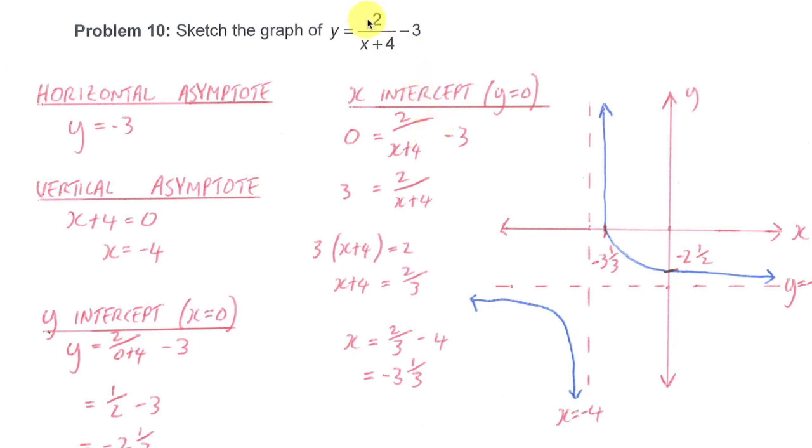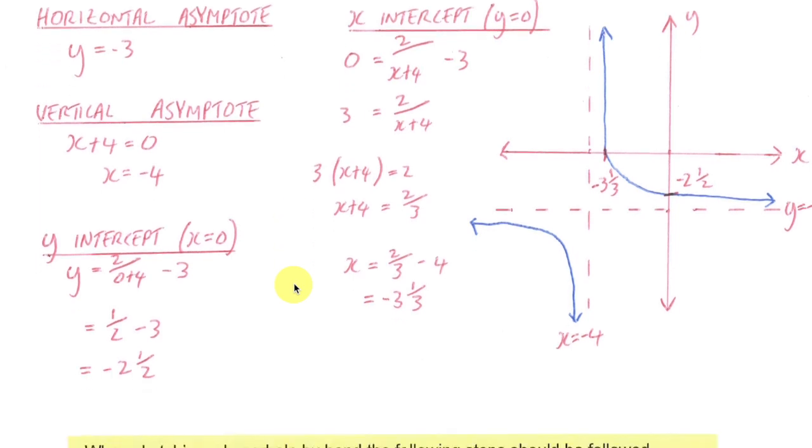Notice that the dilation factor is 2 and the actual value of a is a positive value. The dilation factor is the size of a, and that is 2, but a itself is positive 2, so that means that there is no reflection. So my basic shape is going to be like this, no reflections.